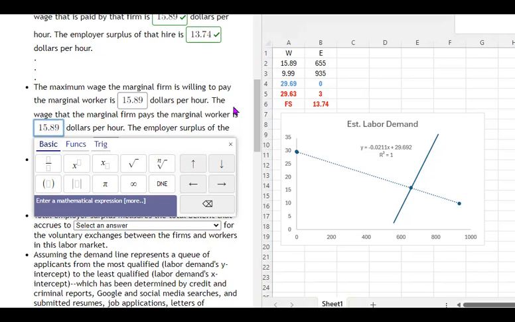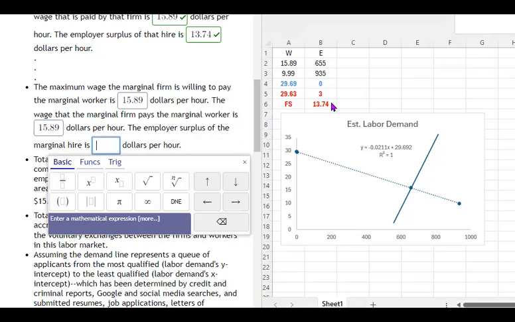So the firm surplus here is zero, because this last worker hired is estimated to be worth just $15.89, which is equal to the market wage. And that's why the marginal worker is the last worker hired.